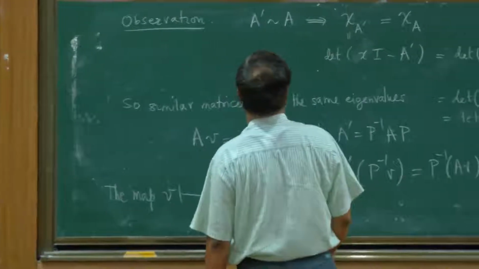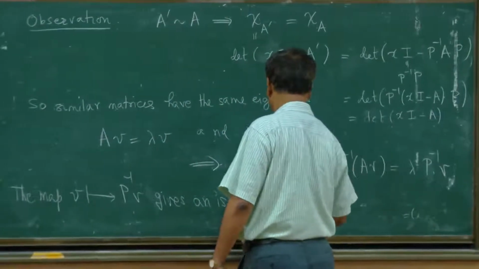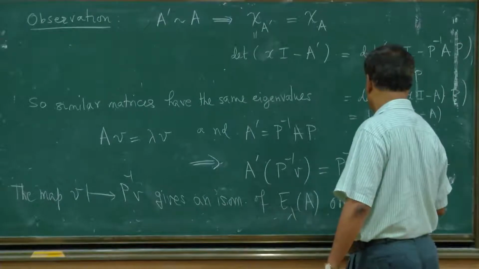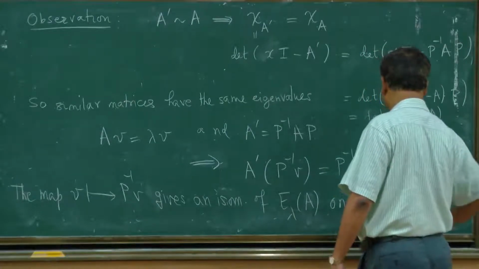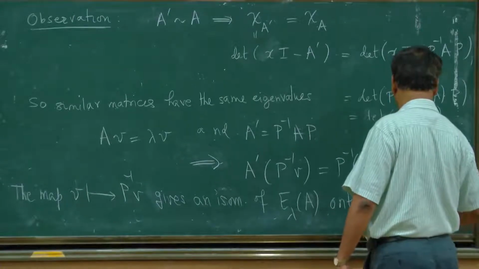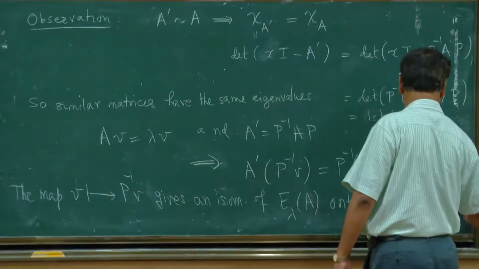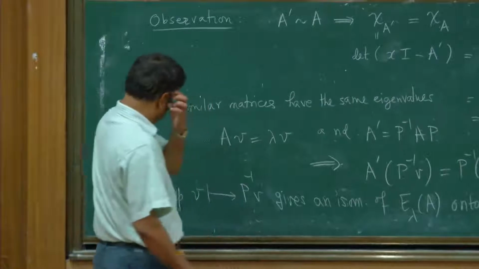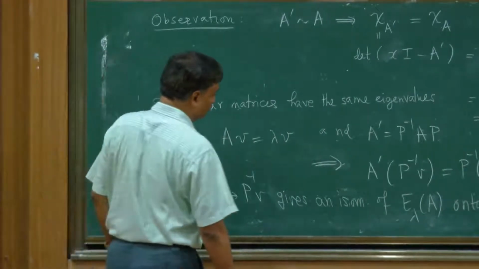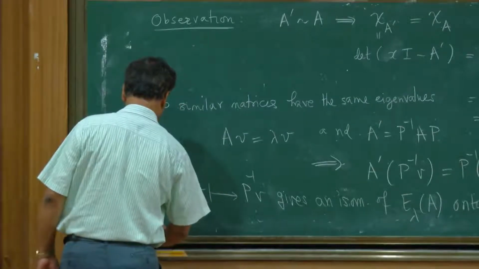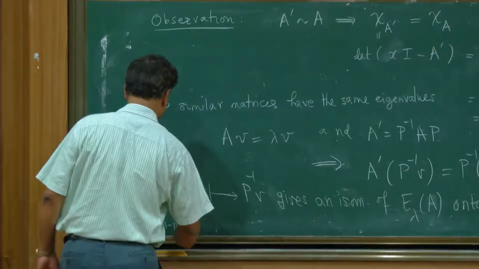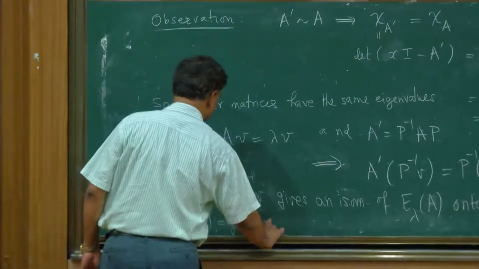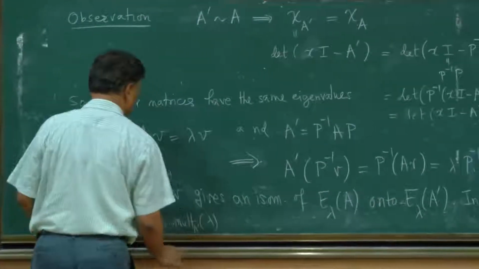Here I call the eigenspace of lambda for A, say E lambda A, onto E lambda A dash. Isomorphism meaning invertible linear map, one-one, onto, etc. In particular, the geometric multiplicity of lambda as an eigenvalue of A is the same thing as the geometric multiplicity of lambda as an eigenvalue of A dash.